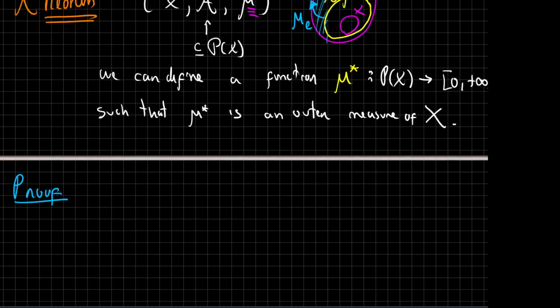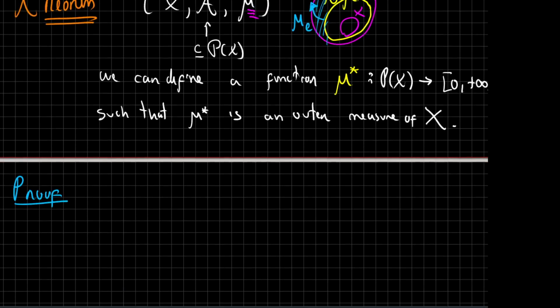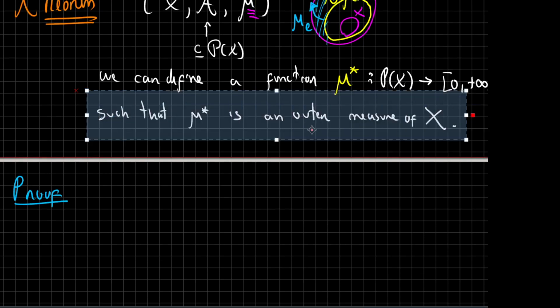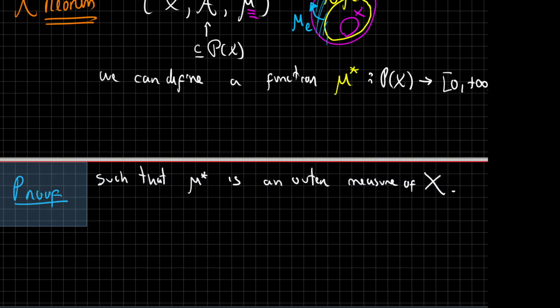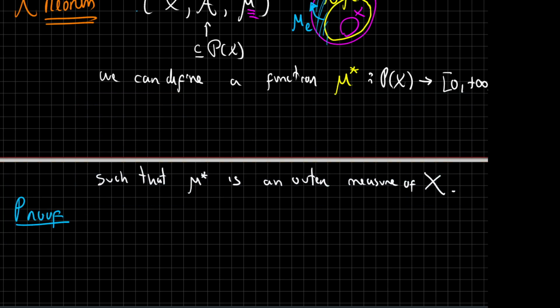So let's start with this. Before that we can specify, instead of proving the existence, let's say bluntly exactly which outer measure we are considering. So we will consider this outer measure.